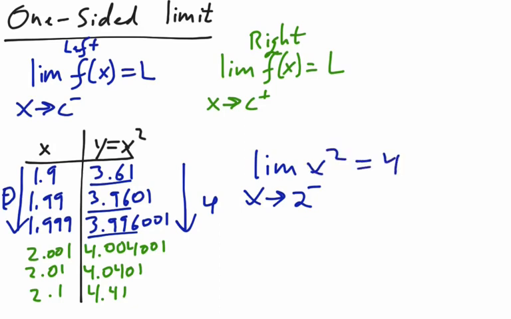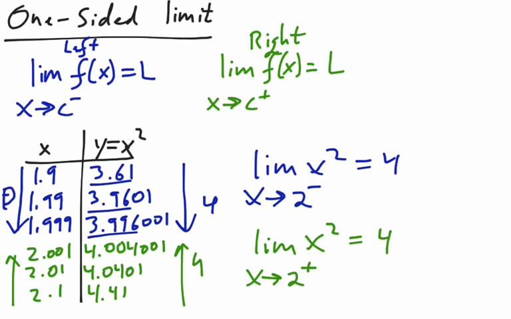Okay, we know that from before. And similarly, the green, if we approach from the right, 2.1, etc., then these numbers are also approaching 4. And so we can say that the limit as x approaches 2 from the right, that's the positive, of x squared equals 4. The big note here is that these two limits are the same.